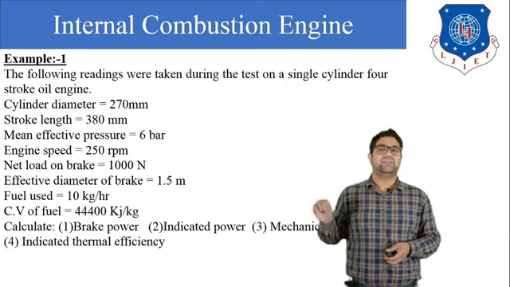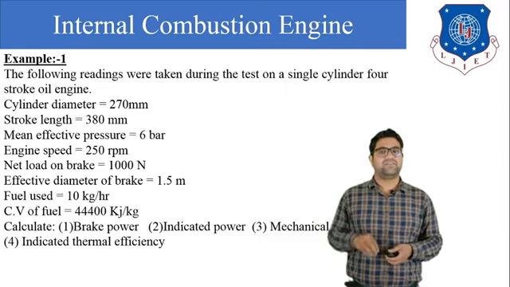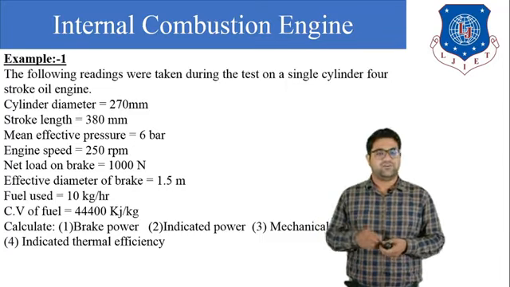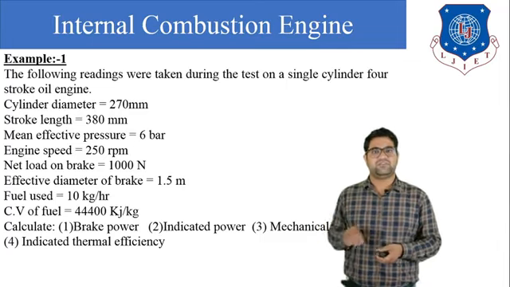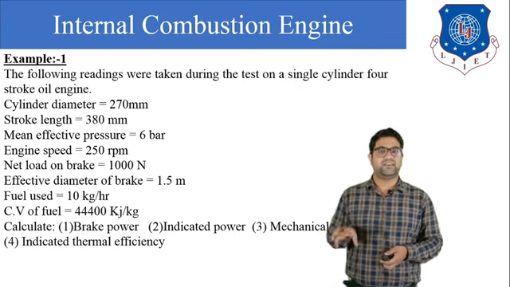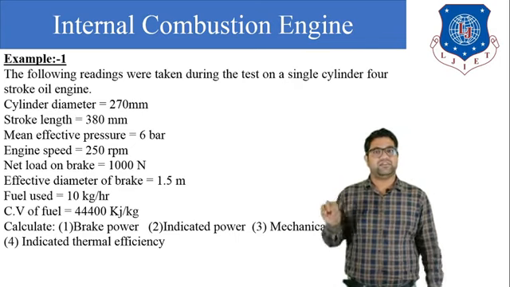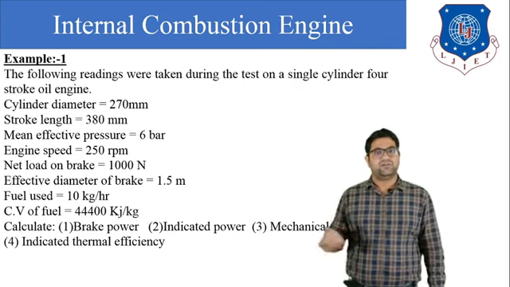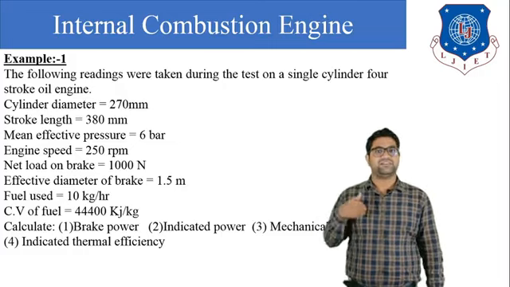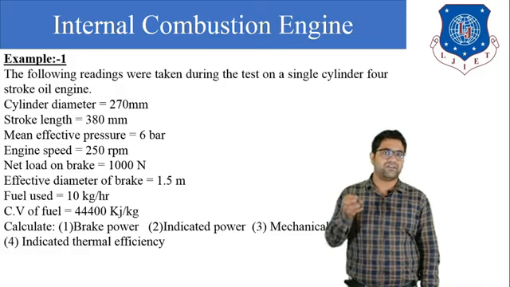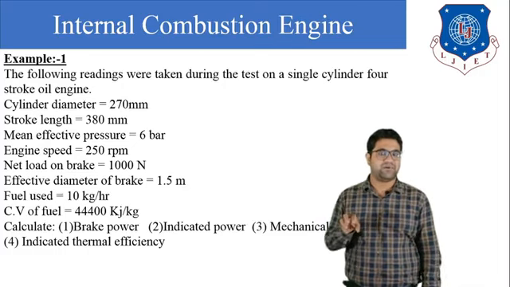By the value of indicated thermal efficiency, what information can we get? Let us take one example to understand it. If the chemical energy stored in the petrol is 120 kilojoule, this stored energy comes into the engine. Now combustion starts, and due to the combustion some power is generated, that is the indicated power.